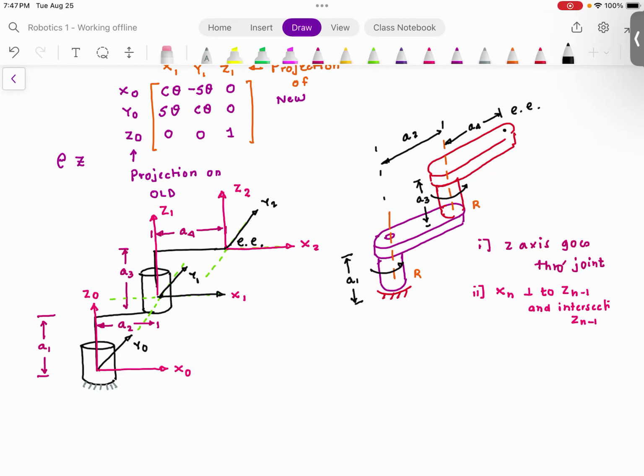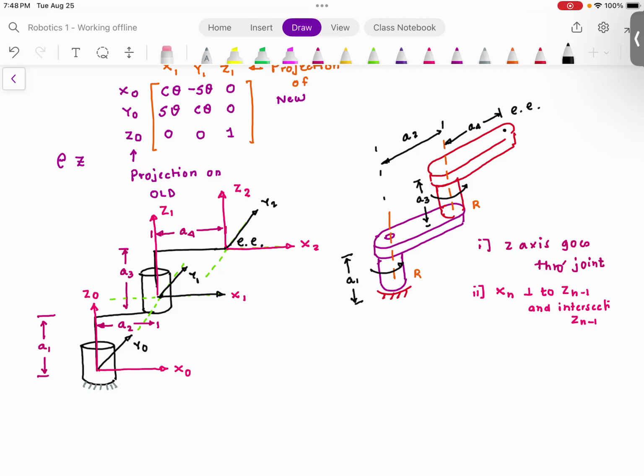So forward kinematics problem is nothing but identifying the position of the end effector in the x direction, in the y direction, and in the z direction with respect to the initial or the first coordinate frame. To find the coordinate frames, you have to follow the rules.